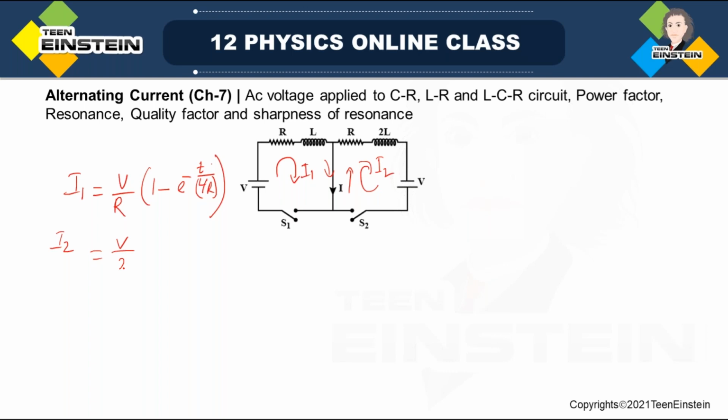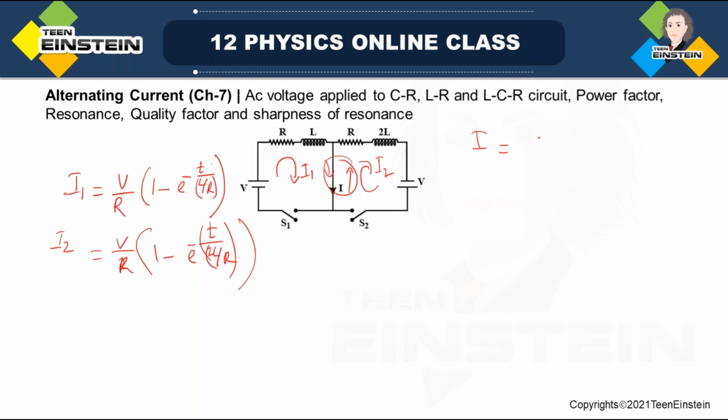So we can write both the currents in a similar way, with tau being 2L by R, V by R. This is the way I can write the current. According to this polarity, I will use the superposition principle.